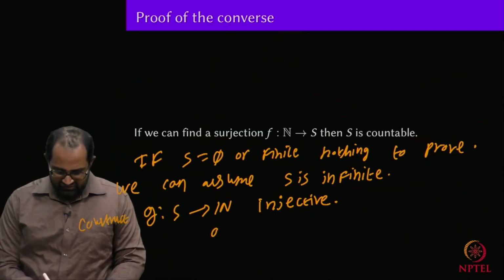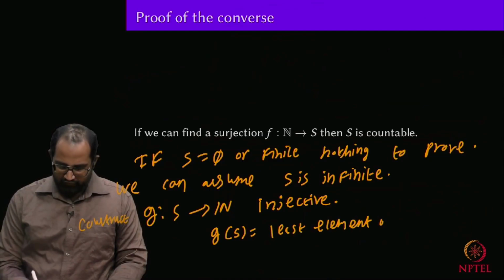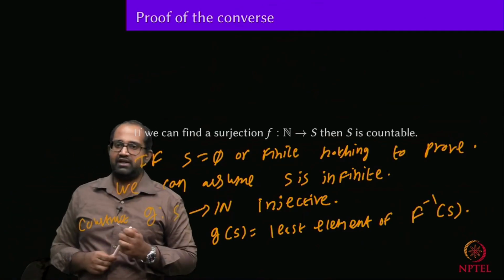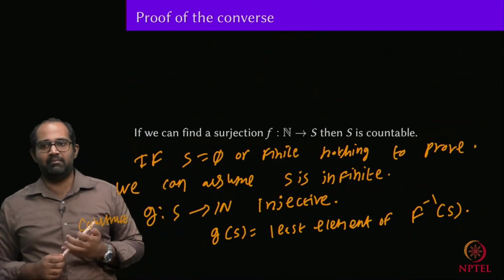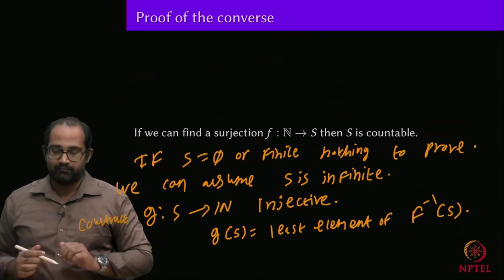Well, I define G of S to be the least element of F inverse S. Look at the pre-image of S, that's going to be a subset of the natural numbers. Look at the least element of that set, that is by definition G of S. Okay?